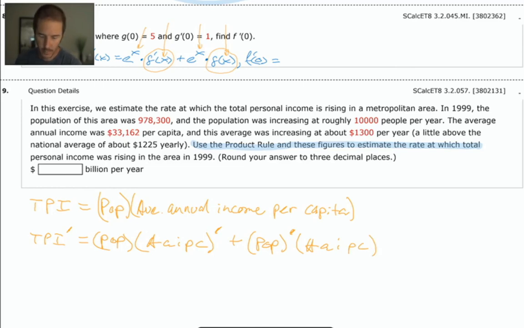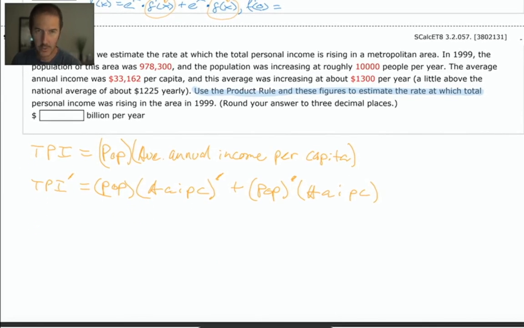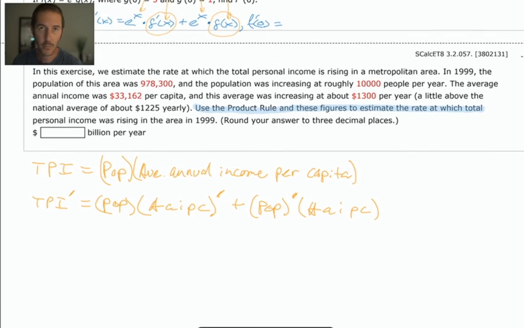Now look at this. I put derivative of average annual income per capita and derivative of population. We were not given an equation describing average annual income per capita, nor were we given an equation describing population. So how am I supposed to take the derivative of those things? I'm not. Remember that derivative is synonymous with rate of change.